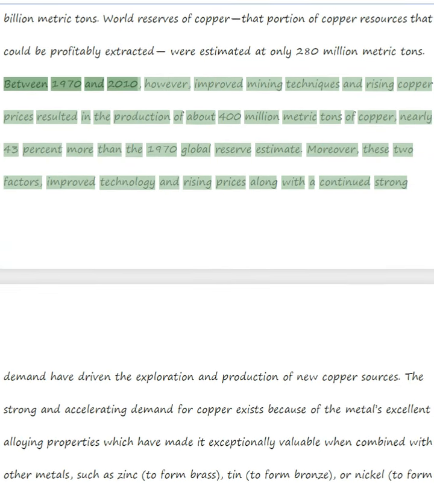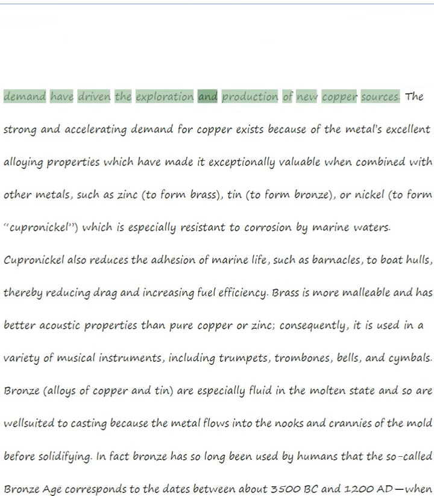Between 1970 and 2010, however, improved mining techniques and rising copper prices resulted in the production of about 400 million metric tons of copper, nearly 43% more than the 1970 global reserve estimate. Moreover, these two factors, improved technology and rising prices along with a continued strong demand, have driven the exploration and production of new copper sources.